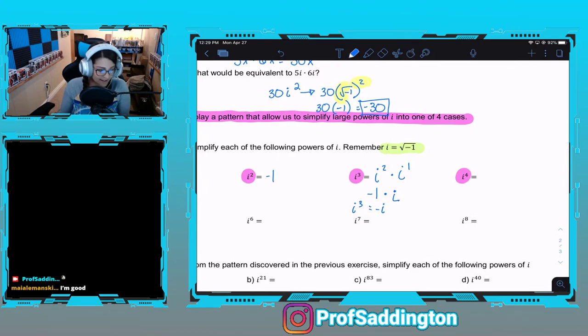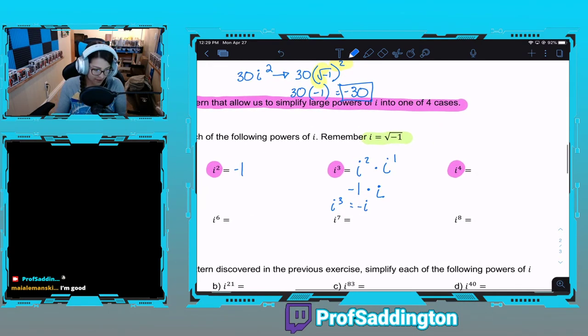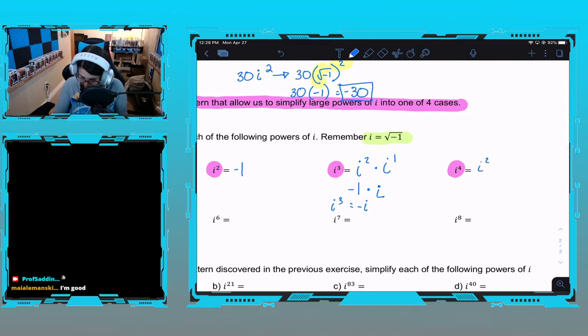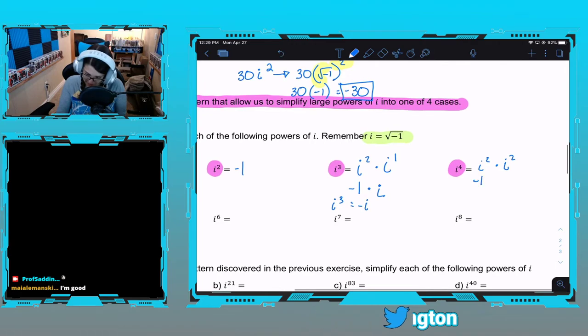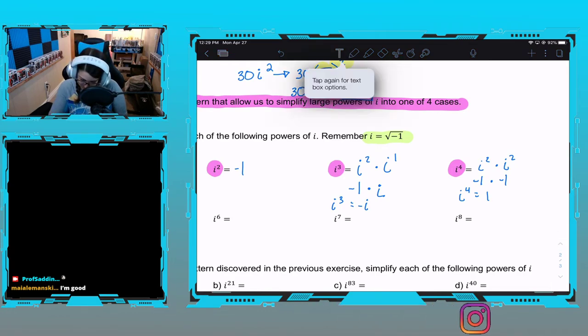And then lastly, i to the fourth, that's really like saying i squared times i squared, which is negative 1 times negative 1. So therefore, i to the fourth equals positive 1. So there's an easy way to remember these.